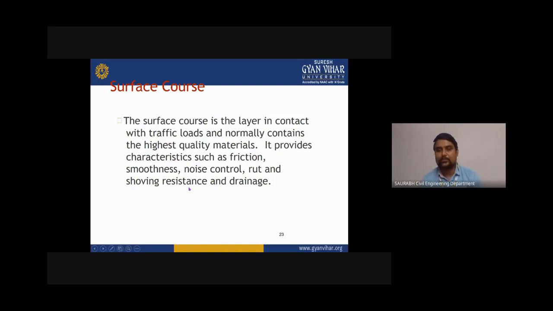That's why we need to use quality material for making the surface course, and it is also responsible for the smoothness. So you can understand if your road is not smooth, then you will not get a pleasant ride in your vehicle.